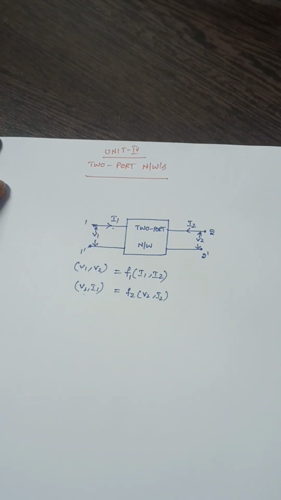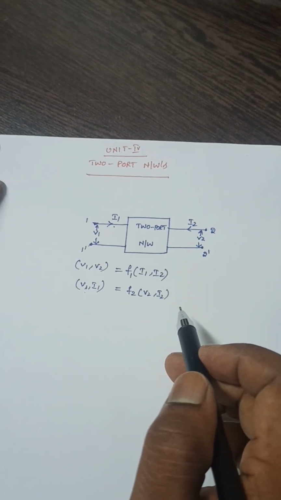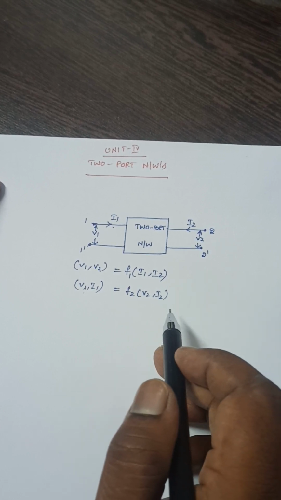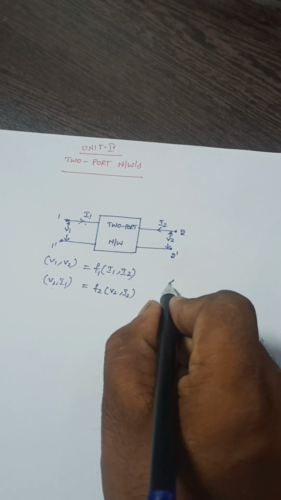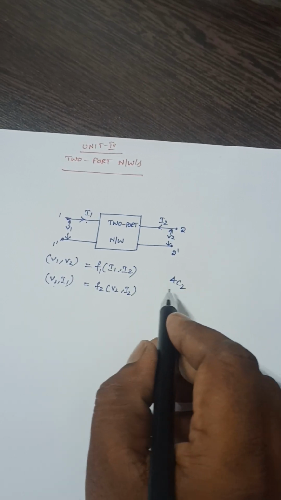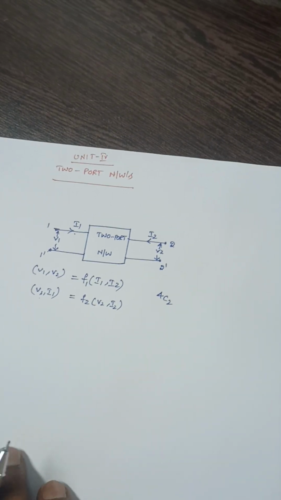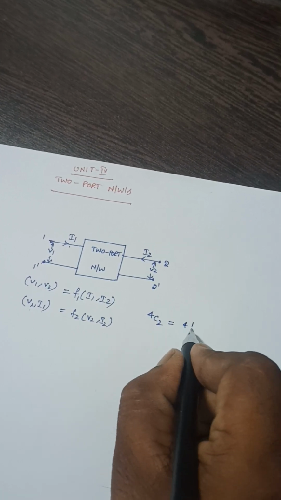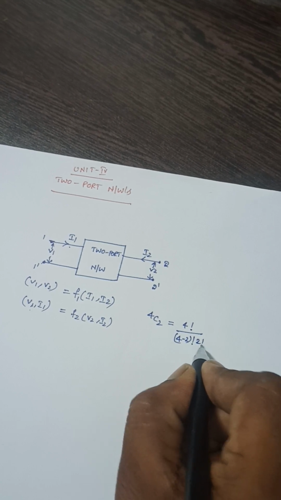So among these four variables, two variables can be represented with the other two variables. That means the total number of combinations will be 4C2. So 4C2 is 4 factorial divided by (4 minus 2) factorial into 2 factorial.